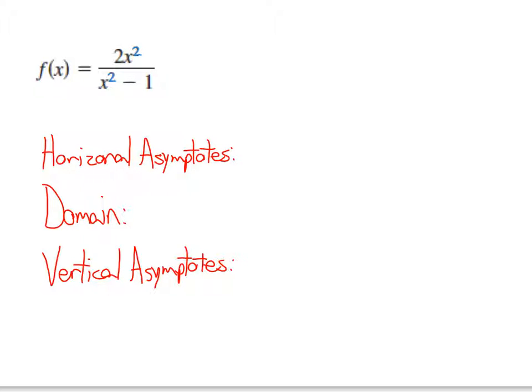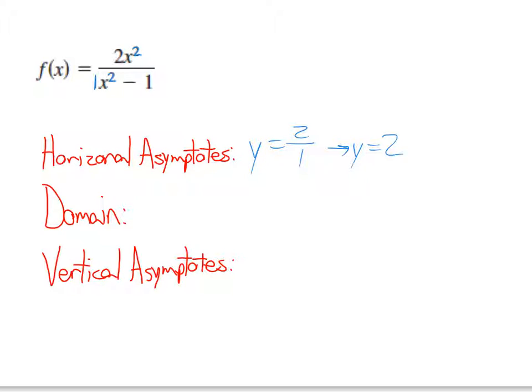So y equals 2 over 1. Our leading coefficients are 2 and 1. So we just have y equals 2 for our horizontal asymptote.